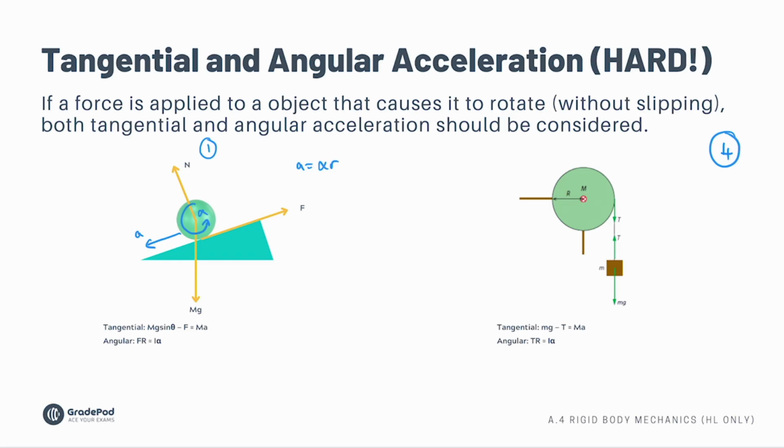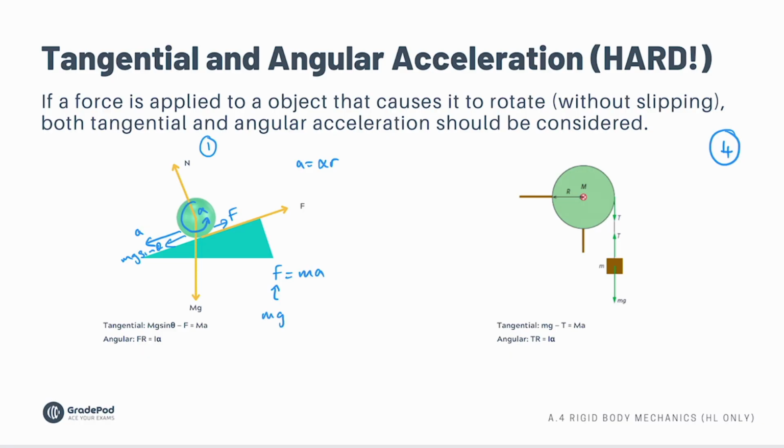The tangential acceleration comes from Newton's second law, F = ma. But this F is a net force that applies to the ball. And the net force is the force down the hill minus the force up the hill. Well, the force up the hill is F, and the force down the hill is mg sin theta. So the net force causing acceleration is mg sin theta − F = ma.